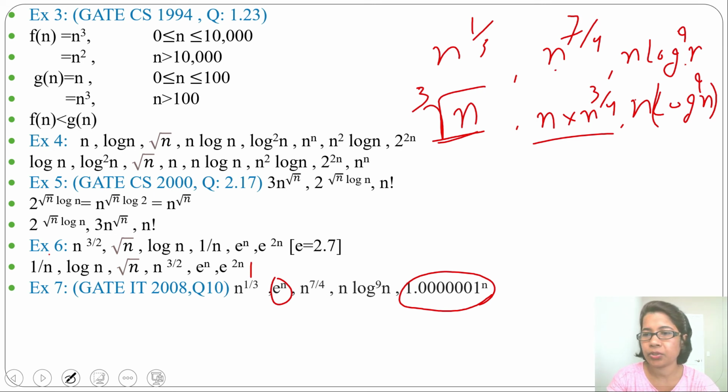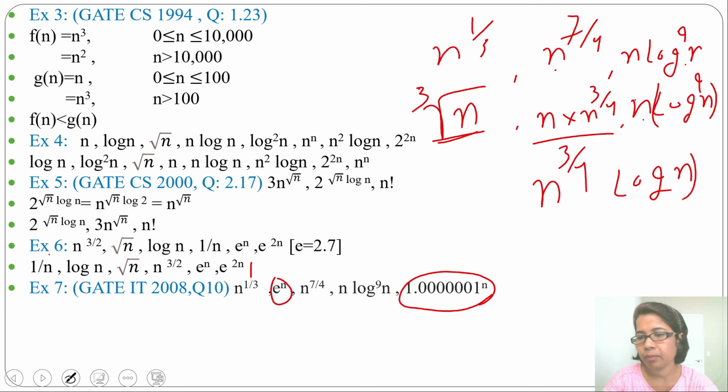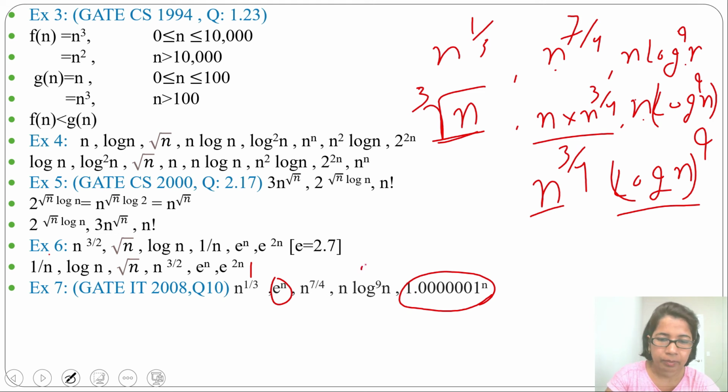Then from these two, n is common, just cancel n. We are getting n power 3 by 4 and log n power 9. From these two, this is logarithm and this is polynomial. Logarithm has a lower order of growth than polynomial. So this will be 2 and this will be 3.